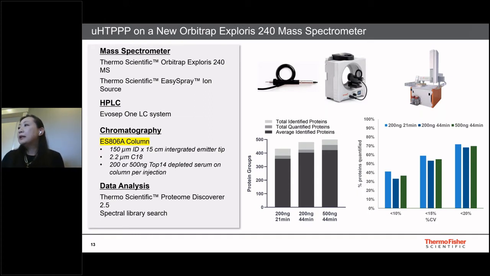To determine the number of detectable and quantifiable plasma proteins, we performed analysis on 2 different loading amounts and 2 different gradients using an ES806A column on the Evosep LC.